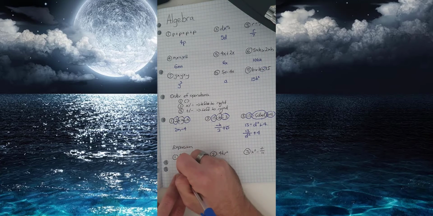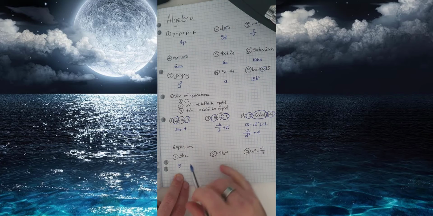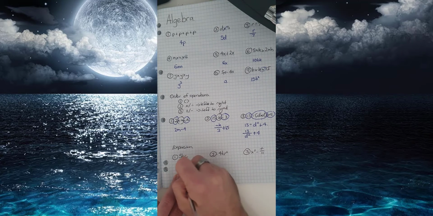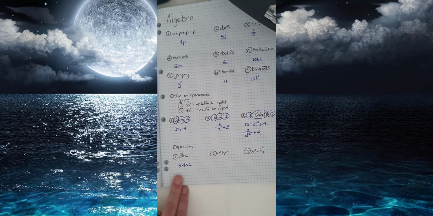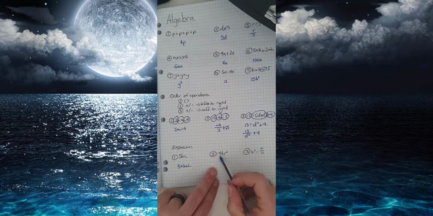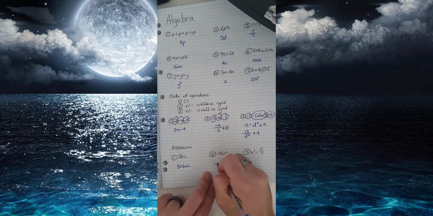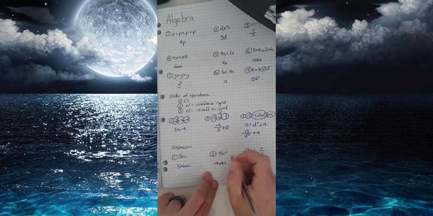Now we've got 5. Now we know that in between the 5 and the b and the c, there's a times sign or a multiplication sign. So we would write times b times c. Nice and simple. Over here, again, exactly the same thing. Minus 4 times k times, now this 2 symbolizes that r is being times by itself twice.